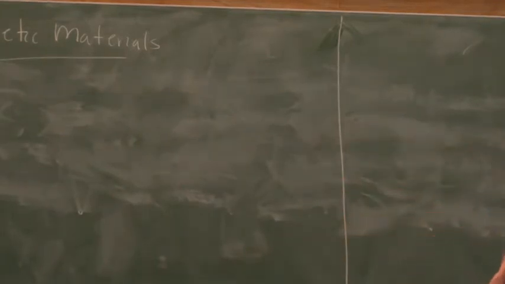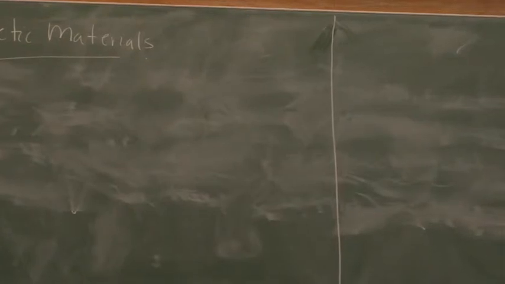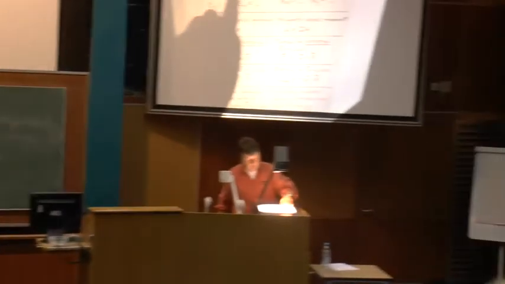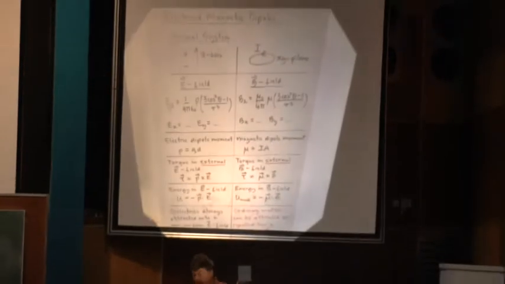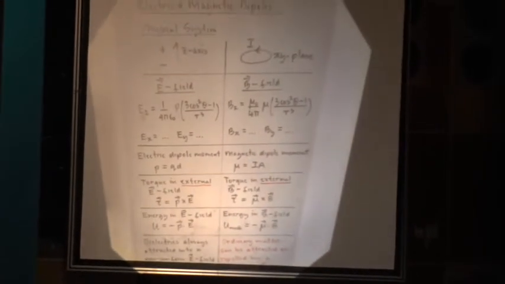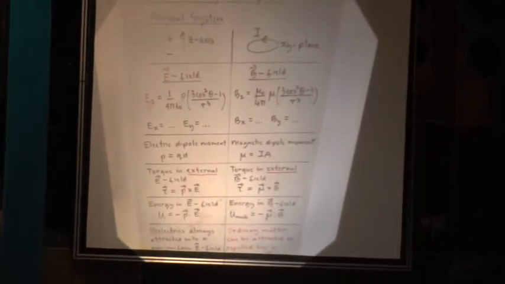Right, we restart. Electric and magnetic dipoles. We've got this analogy between the two systems, and if you end up with a dipole in an external electric field, of course there's a torque exerted on it that tends to pull it parallel with the field.